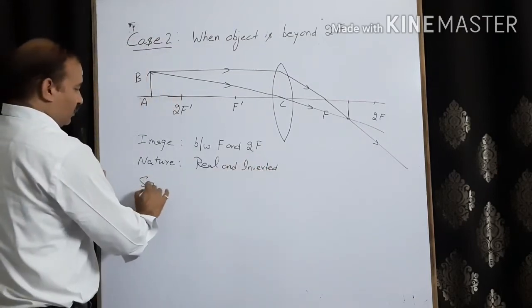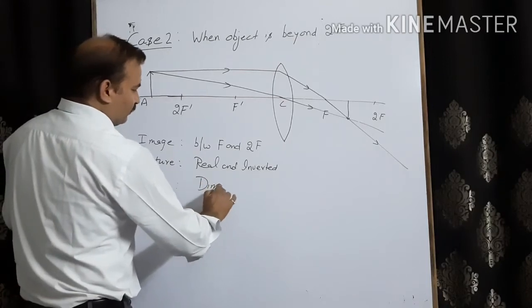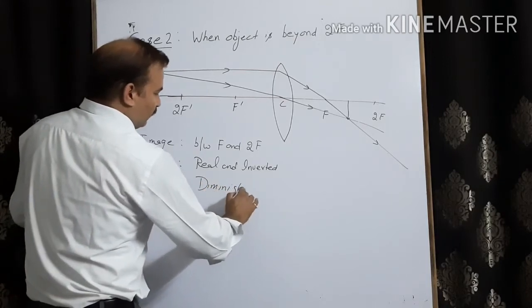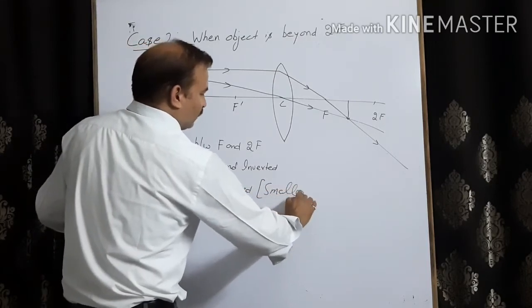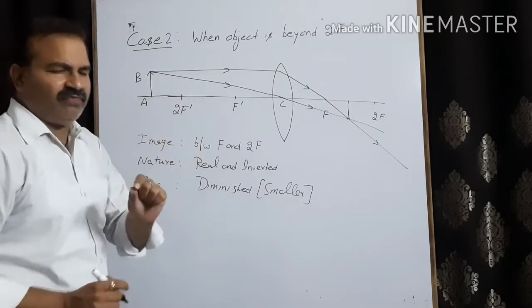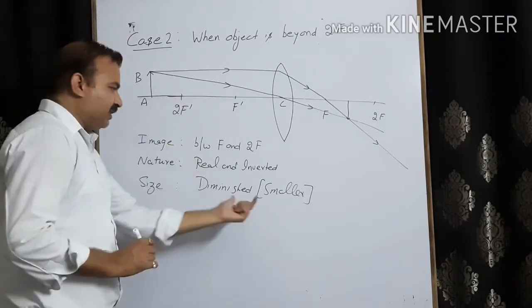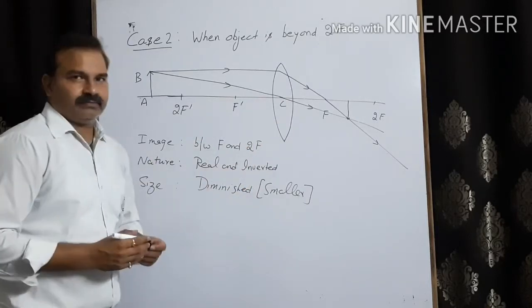If we talk about size, it is diminished, or we can write smaller in size. In the first case, it was highly diminished, meaning very, very small compared to the object. And in this case, it is diminished, that is, smaller than the object.